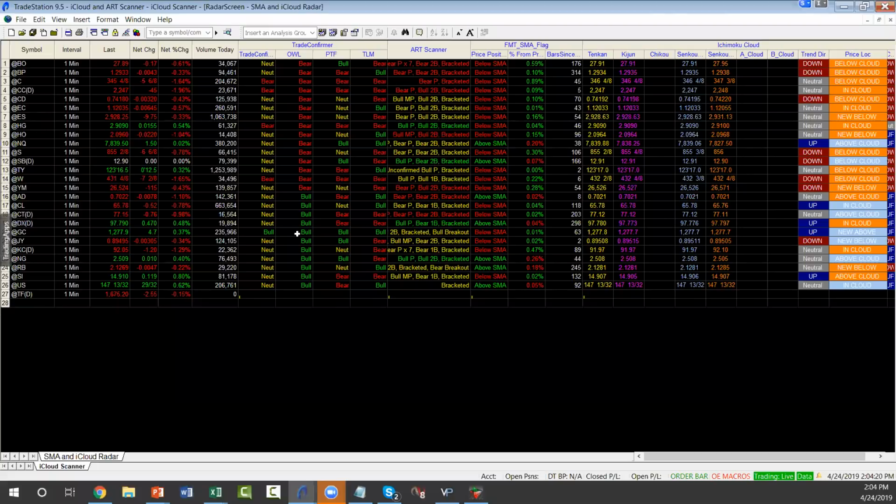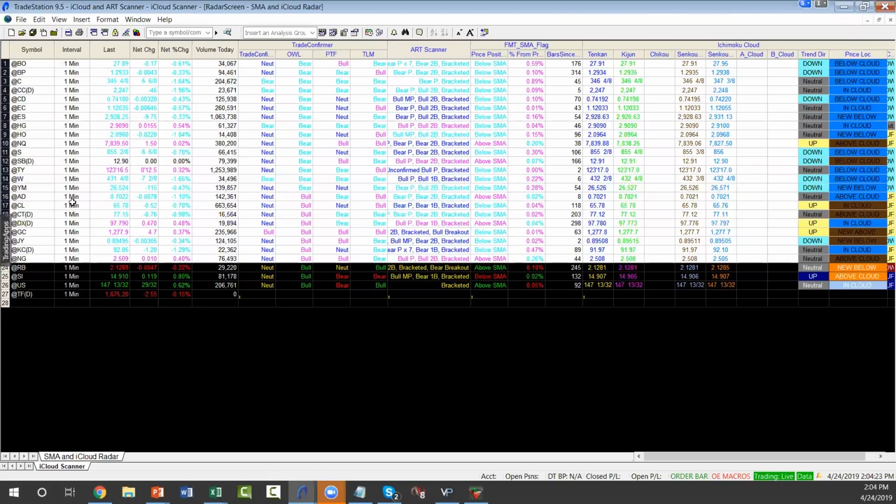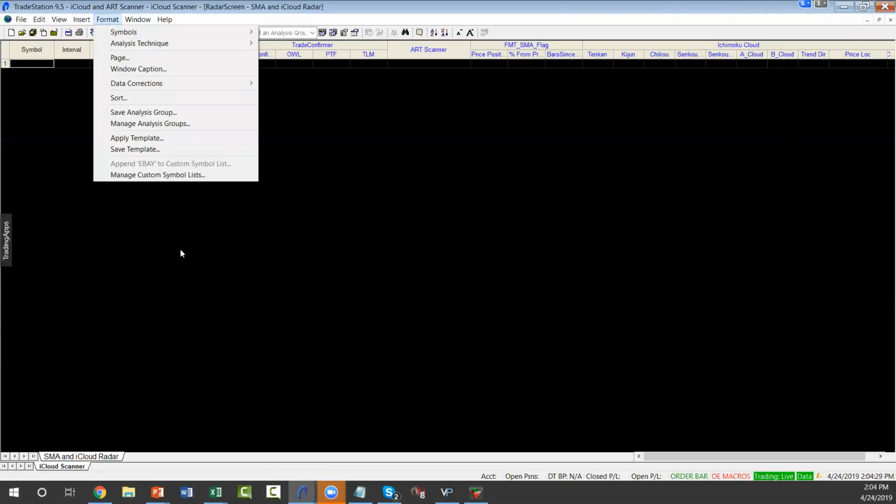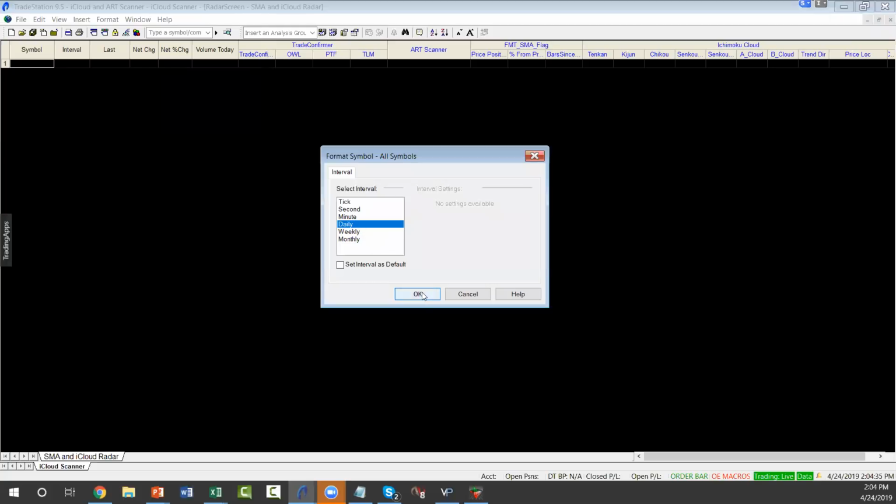So let me change this back to daily. Let me delete these, format. We'll start with daily, okay? All symbols, daily. So somebody mentioned the FANGs, right? So what is that? Facebook, which announced after hours, it popped 5.5%.